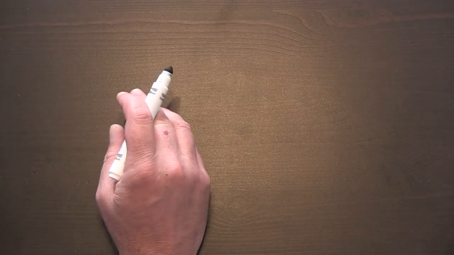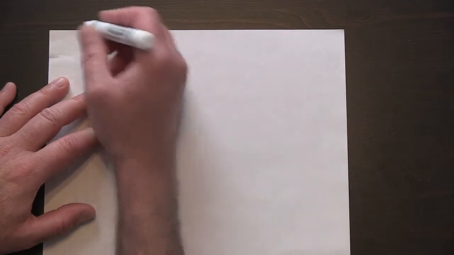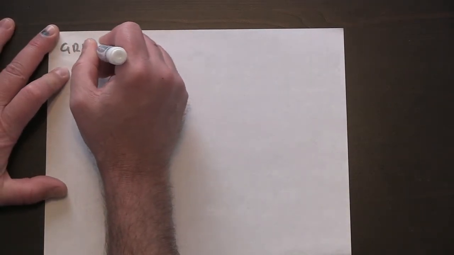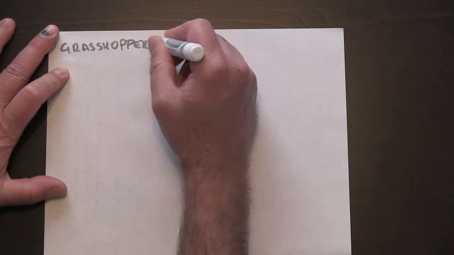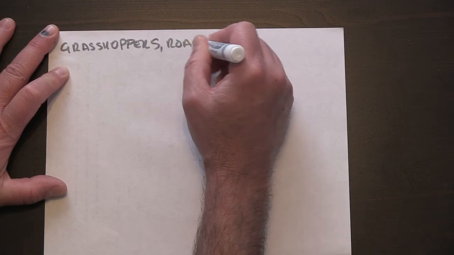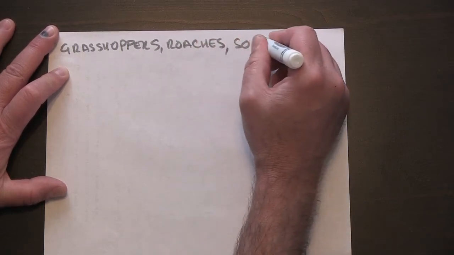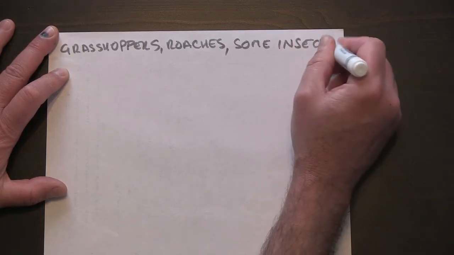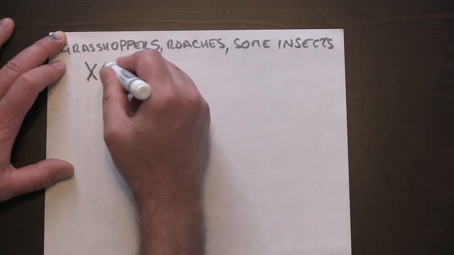But that's for mammals. There are other animals that have different approaches. So grasshoppers and cockroaches, some insects, they have what's called the XO system.